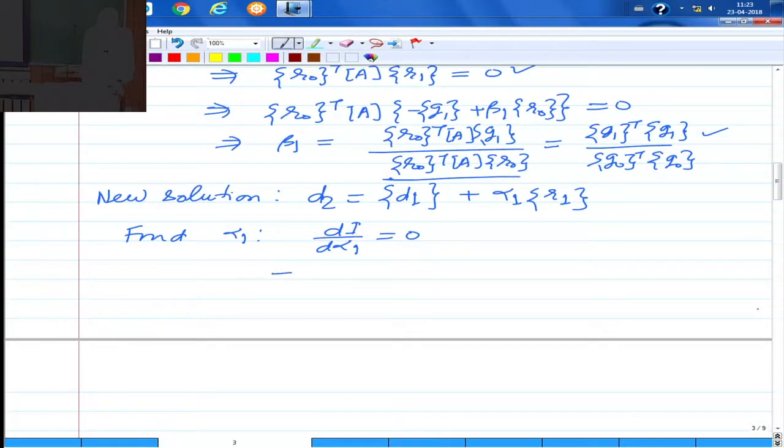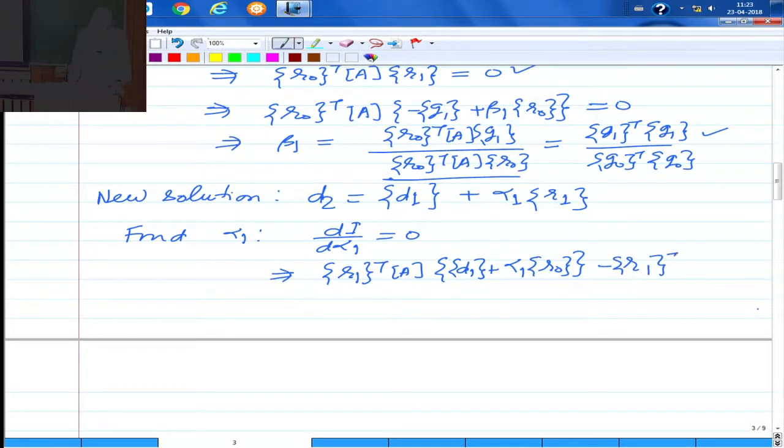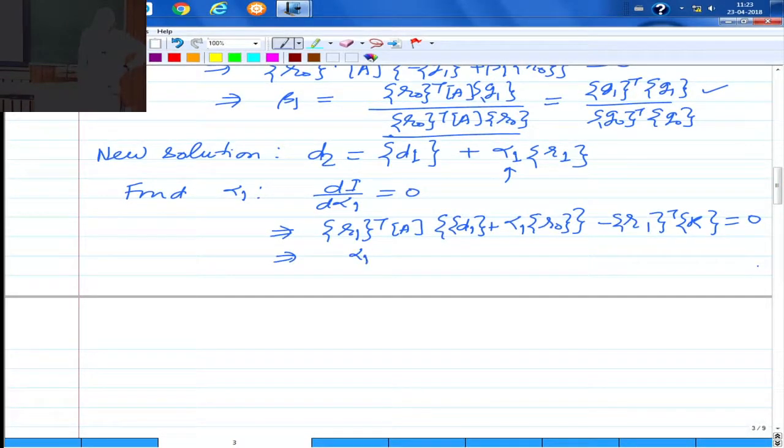As we had seen earlier, this gives rise to R1 transpose into A into D1 plus alpha 1 into R0, that is the first term, and then the second term, R1 transpose into capital R, is equal to 0. This is similar to phi, which is half of D2 transpose A D2 minus D2 transpose capital R, and then you differentiate that with respect to one unknown, that is alpha 1. You get this equation, and using this equation you write your alpha 1.